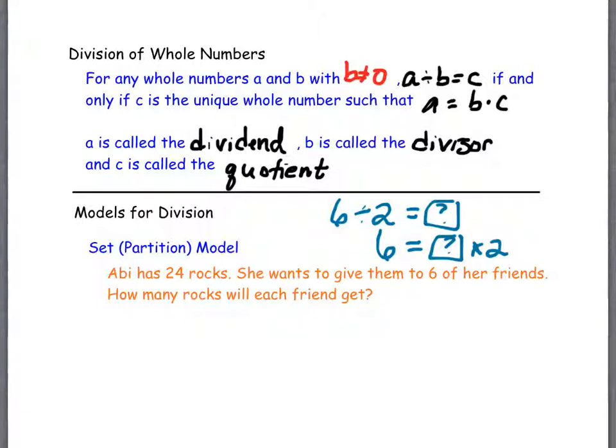Abby has 24 rocks, and she wants to give them to 6 of her friends. How many rocks will each friend get? So I'm going to draw a picture for this, just like what your book is showing you on some of the others you've seen. We're going to do a picture of 24 rocks.